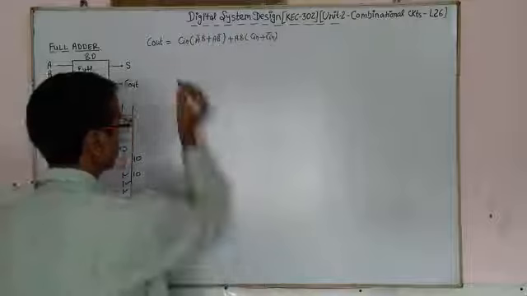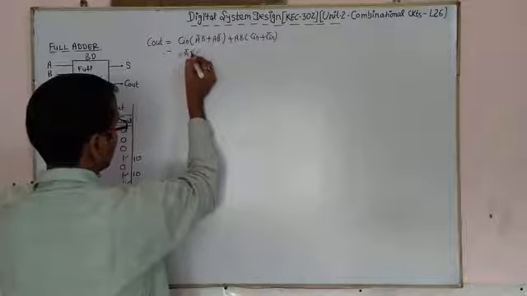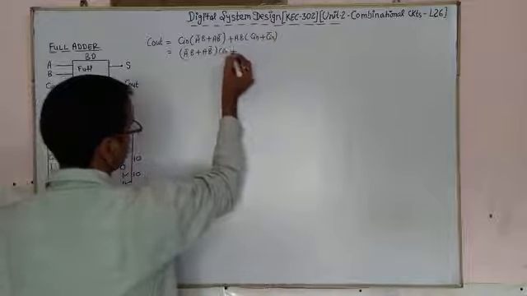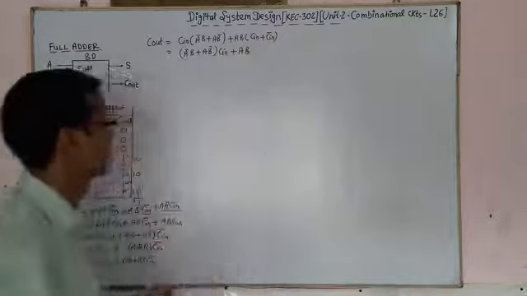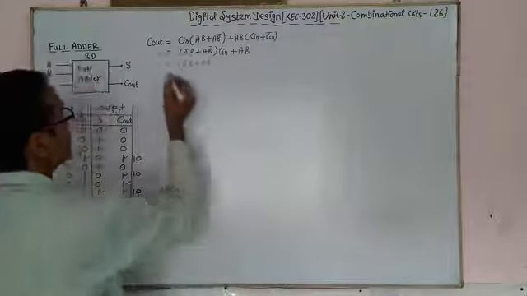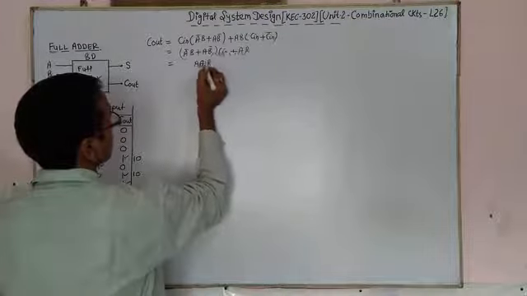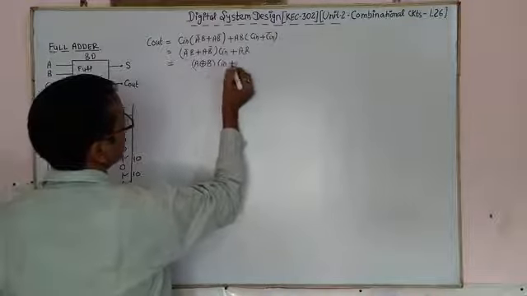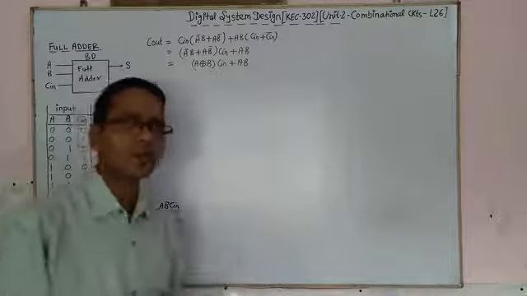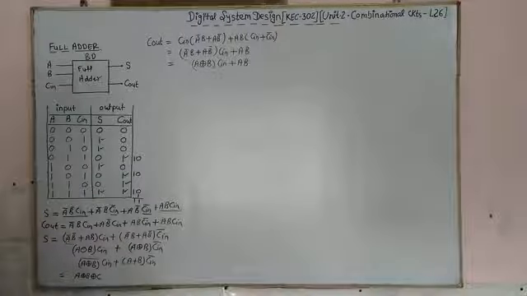So this is 1. And A bar B plus A B bar is nothing but XOR. So we get (A XOR B) C in plus A B. This is the logical expression for the carry out. Now you have the logical expression.